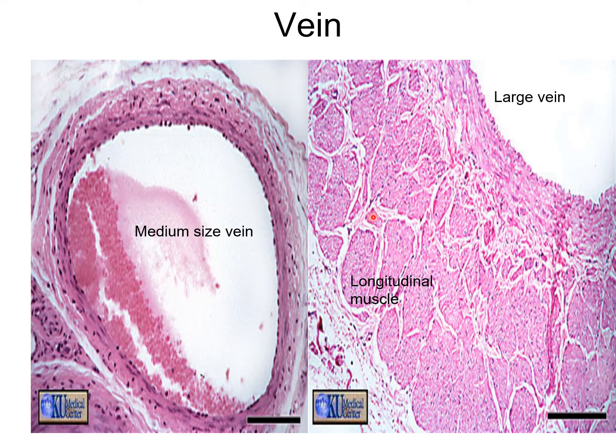These are the pictures of the large veins and the medium veins. This is the large vein, maybe inferior vena cava or superior vena cava. Outside the tunica adventitia, there may be longitudinal skeletal muscles also in case of the large veins.